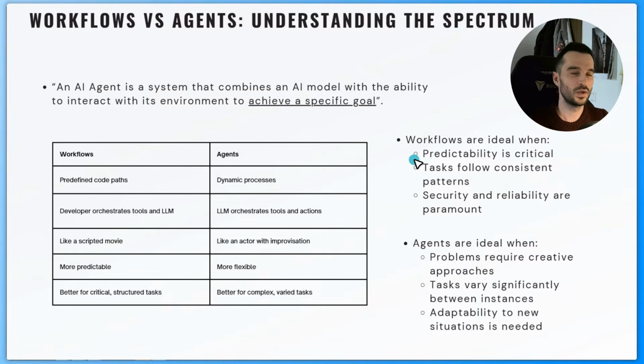Use agents when you cannot really predict it beforehand, when you need the agent to be creative and use its own capabilities to solve it, and when, during the calls, maybe different users come with different requirements, then it would be best to use a more agentic approach.